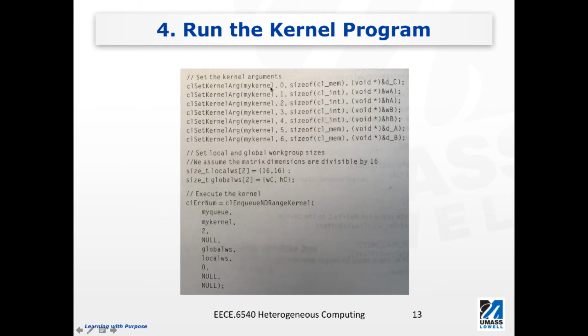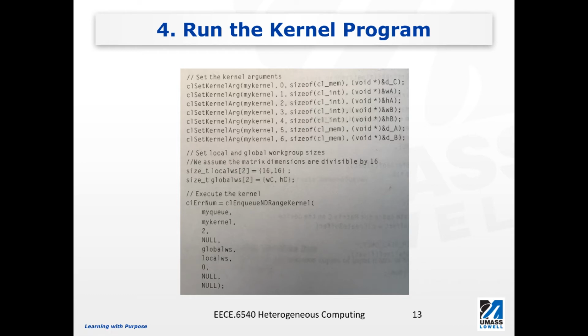The first argument to this call is the kernel that you just created using the clCreateKernel API call. And then you use a number to indicate which kernel argument you're trying to initialize. Following that, you will specify the size of the kernel argument and then the actual value of the argument. Here, when we say the actual value, we actually pass in a pointer that points to the actual value. So in this way, you can set all the necessary arguments for this particular kernel.